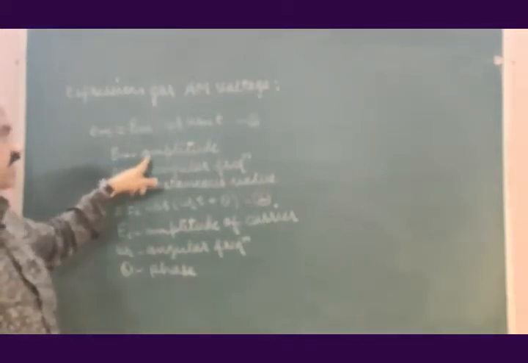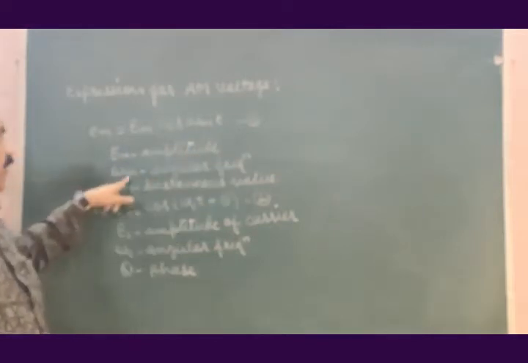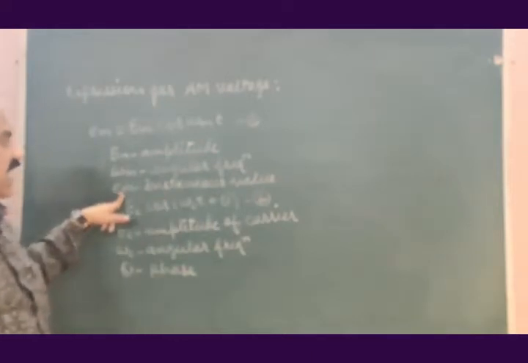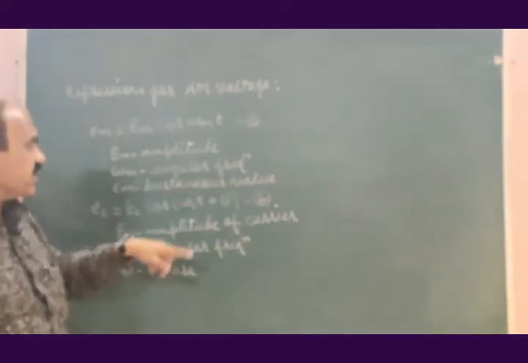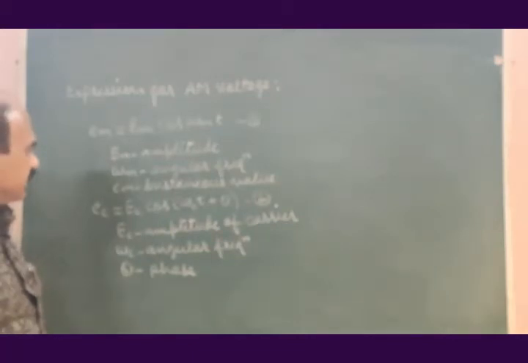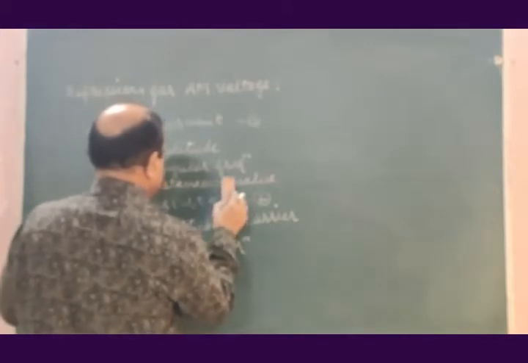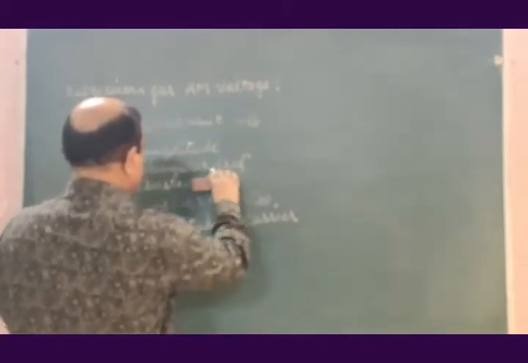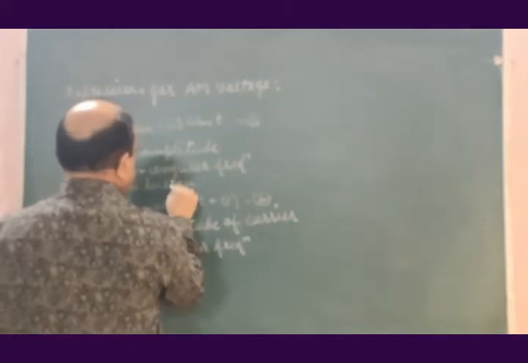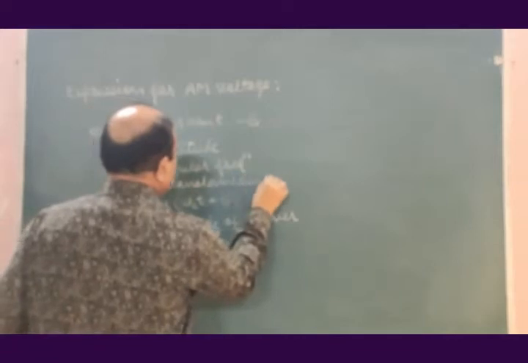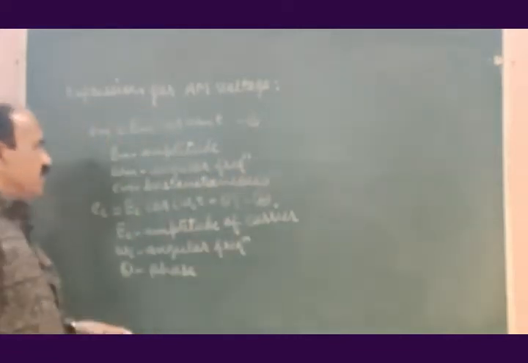So Em is amplitude of modulating voltage, omega m is angular frequency of modulating voltage, small em is instantaneous value of modulating voltage.